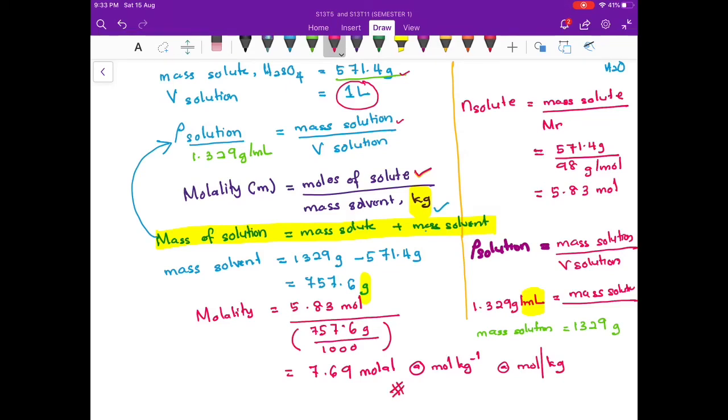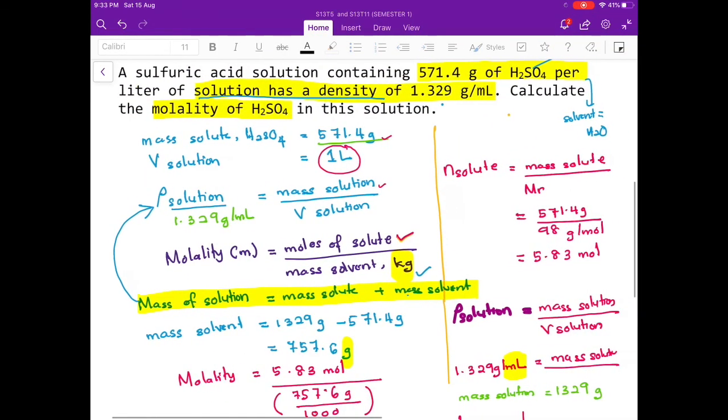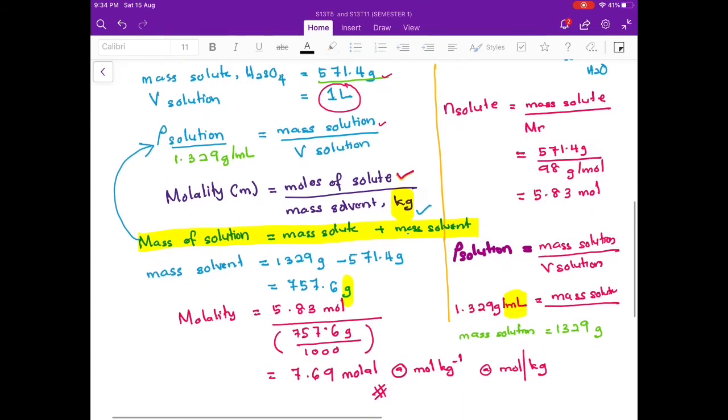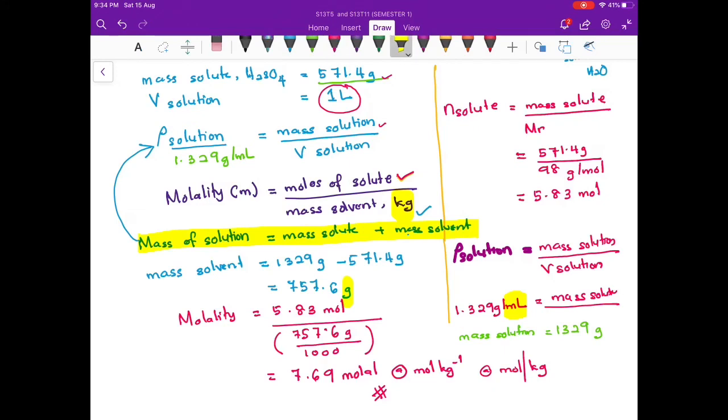So let's recap how to solve the problem. First, we need to list down all the information given. You have to identify which is your solution, and if you are given the density, make sure you identify whether it is solution, solvent or solute. And then this is another formula that you have to remember, and this is another formula that you have to remember: mass of solution is equal to mass of solute plus mass of solvent.